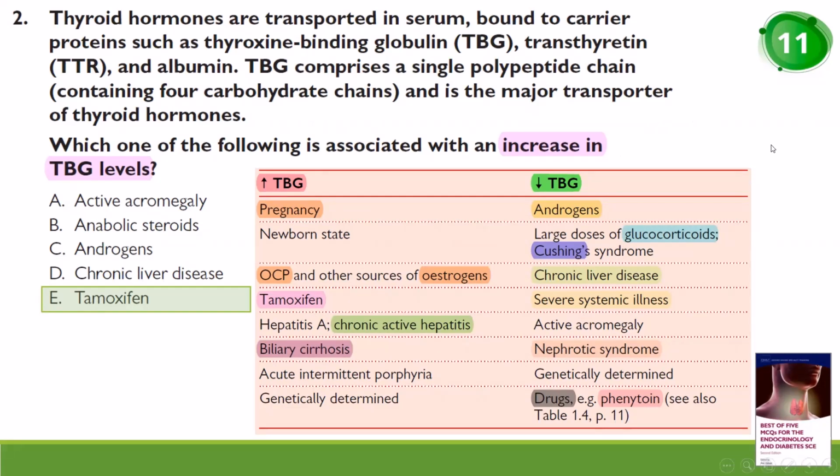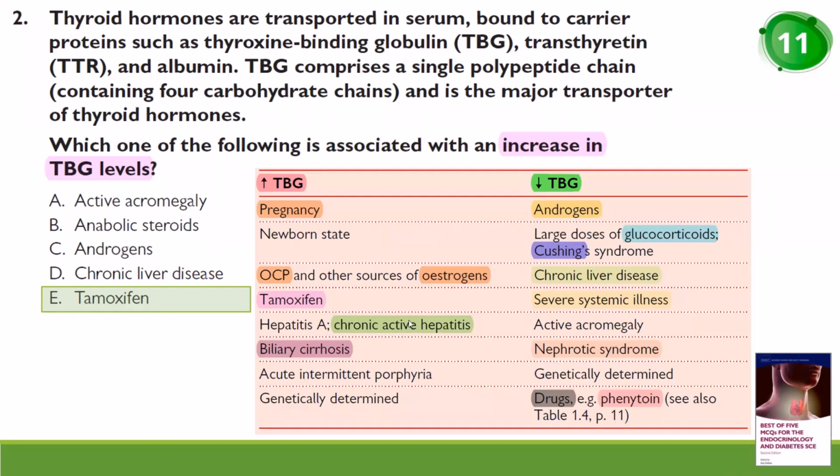And also the conditions that decrease TBG: androgen, glucocorticoid, Cushing, chronic liver disease, severe systemic illness, active acromegaly, nephrotic syndrome, drugs like phenytoin. So this is a very important table.